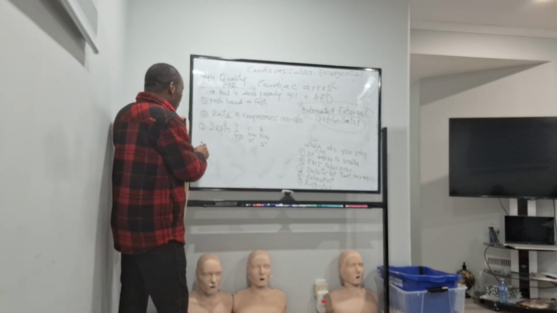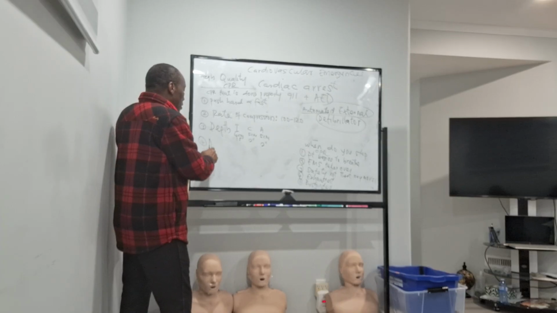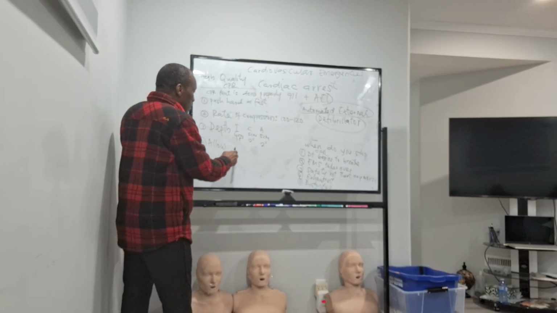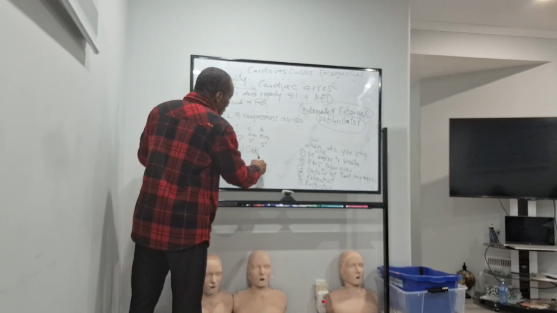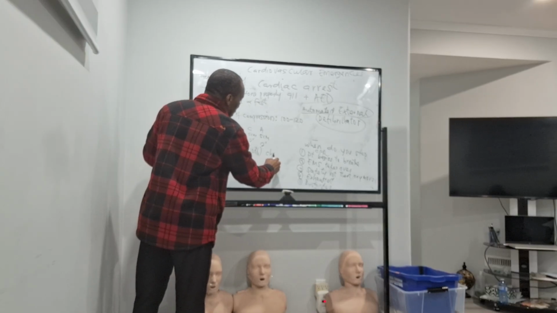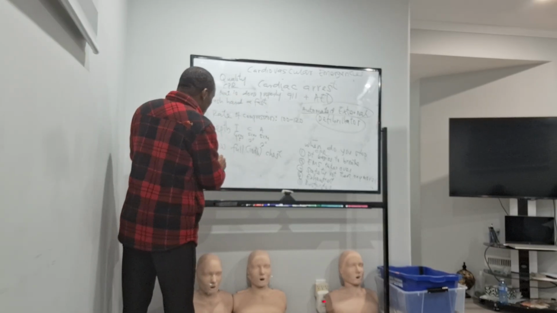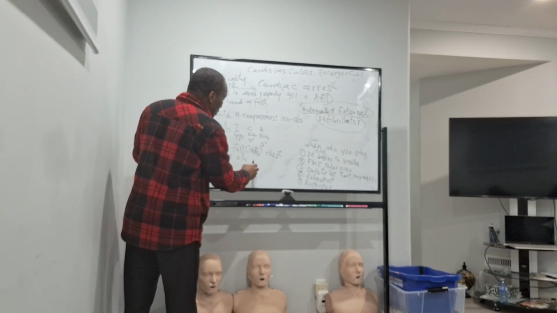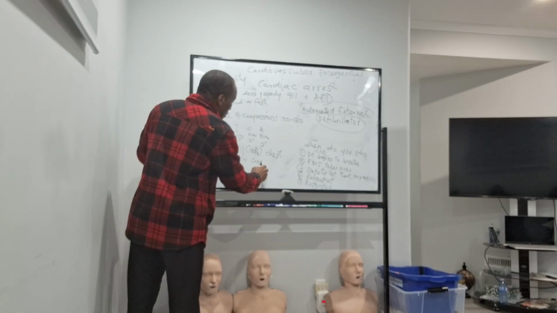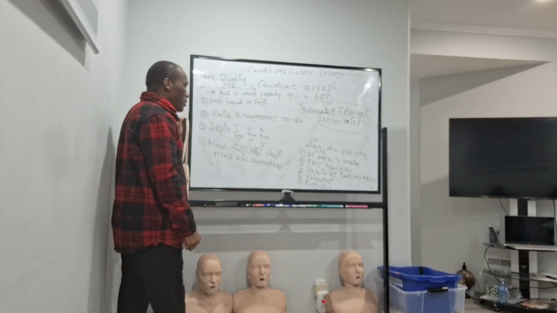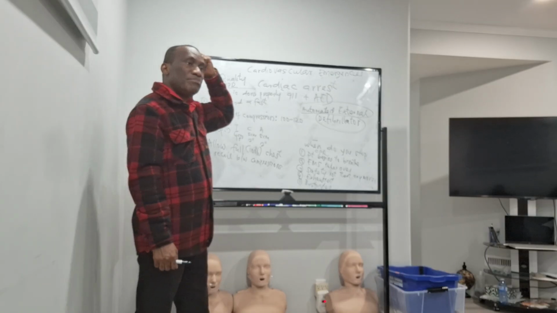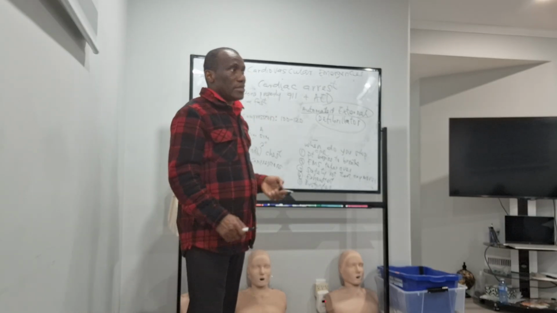Now number 4. Allow full, 100% chest recoil between compressions. We call it diastolic.